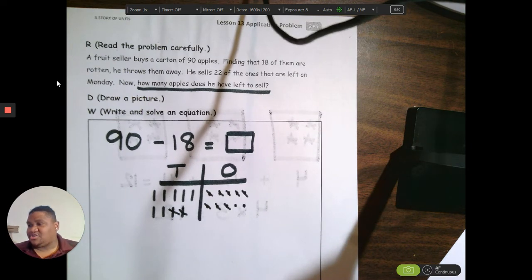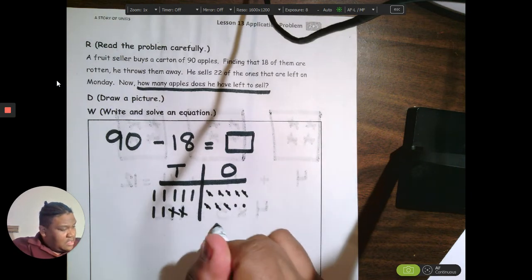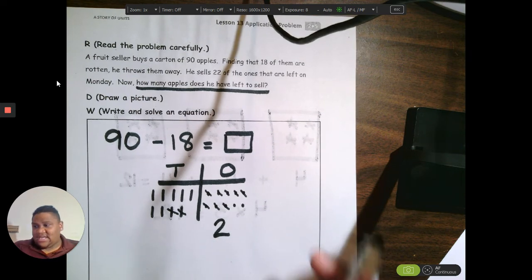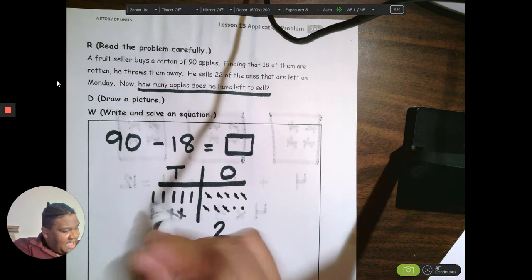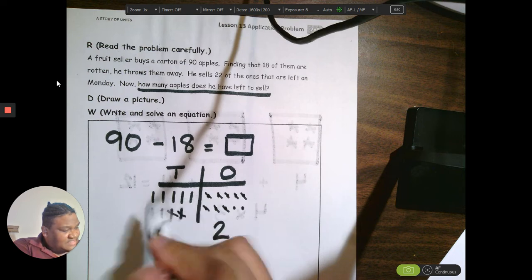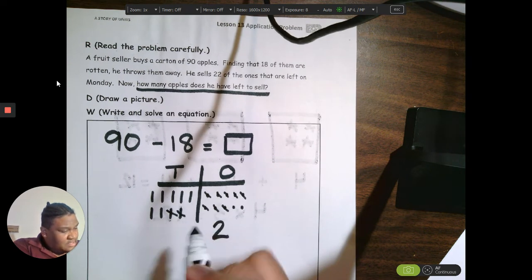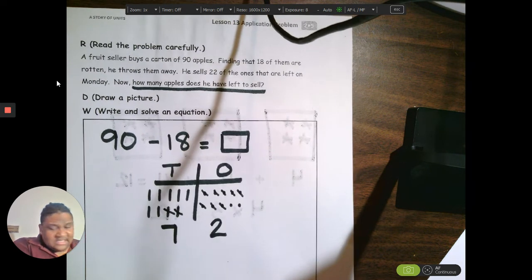So how much do I have left? I can look at it and I can see that I have 2 ones left and I have 1, 2, 3, 4, 5, 6, 7 tens left, and I have 72.